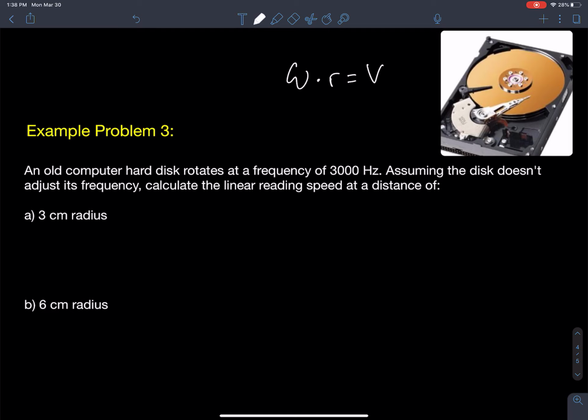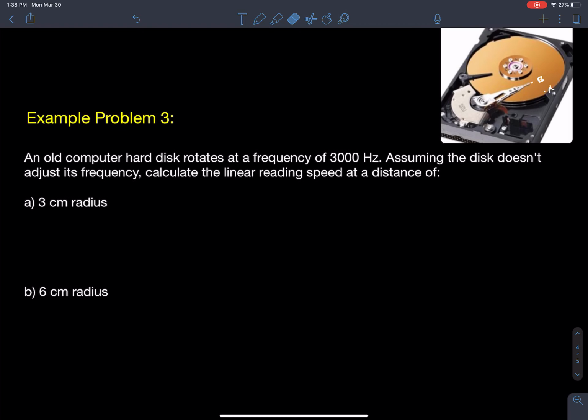So as I increase my radius, my velocity out here is going to be much greater than the velocity over here. So point A's velocity is going to be greater than point B's velocity if that object has the same RPM. So the disk has to change its rotation in order to be able to read information at the same rate. That's that sound that you would have heard before.